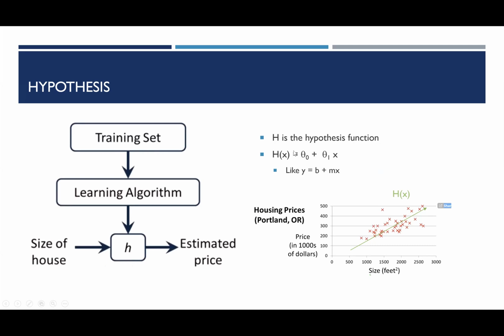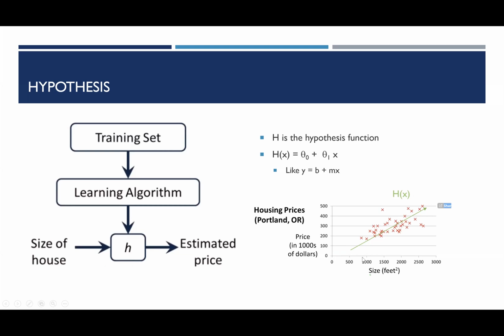In linear regression, a standard hypothesis looks like this function over here, which is theta 0 plus theta 1 times x, kind of like y equals b plus mx. I know it's usually mx plus b, but given this form, theta 0 plus theta 1x, it's similar to b plus mx. So for example, h of x would look like this green line over here, and that would be the hypothesis function.